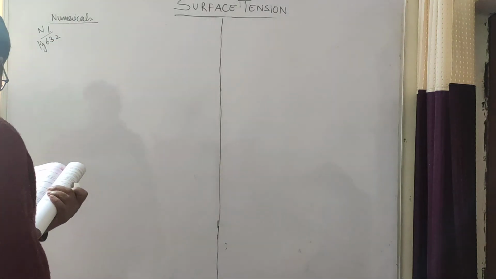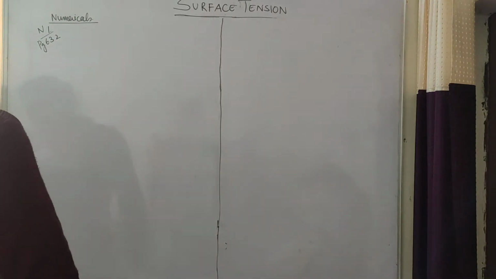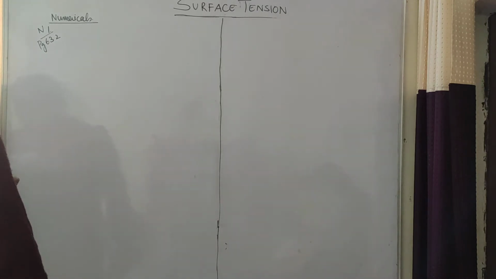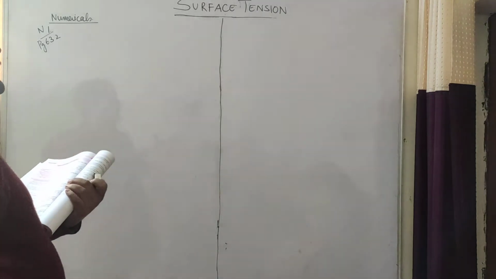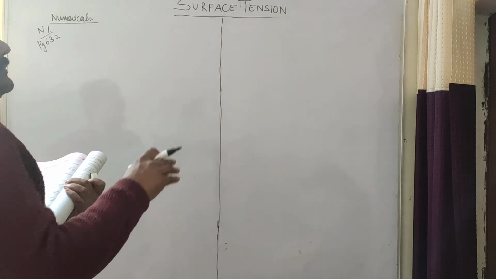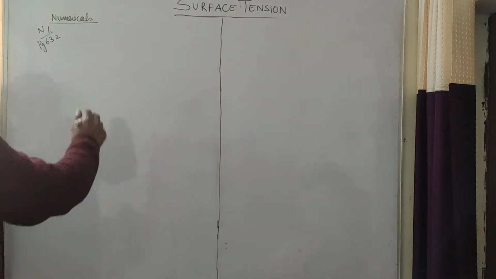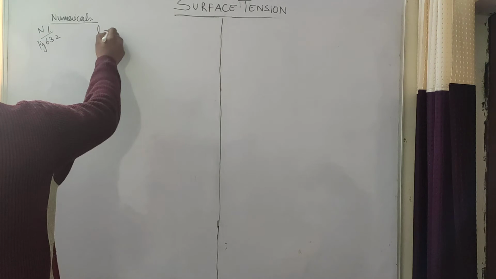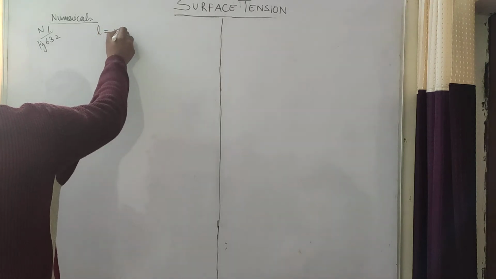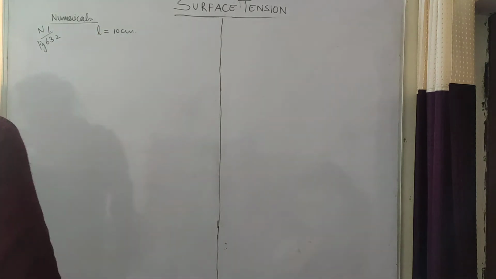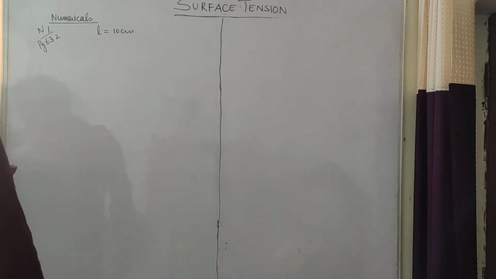Numerical number 1. A straight thread of length 10 cm is placed over the water surface. So on the surface film there is a straight thread of length 10 cm. How much force will be exerted on any one side of the thread by the water surface?